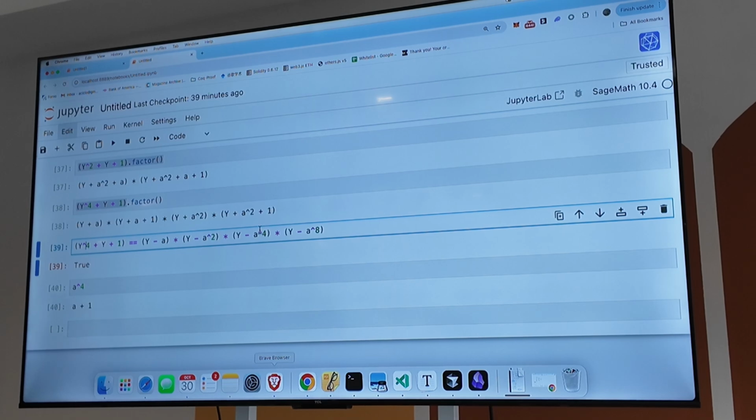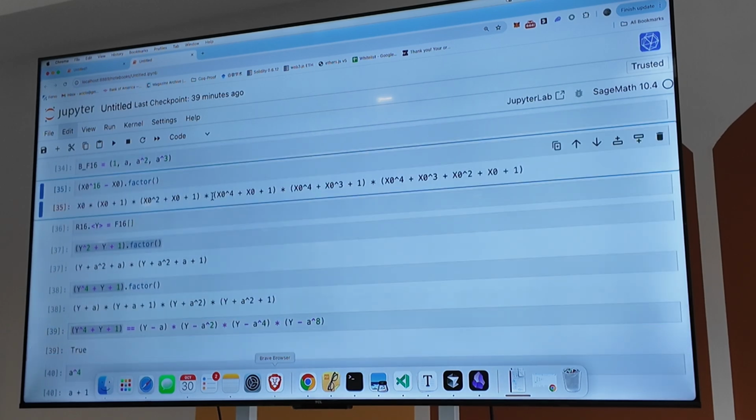But here we don't go too deep into Galois theory, just show you that for each irreducible polynomial over F2, it will have 4 roots, and these 4 roots have a close relationship with each other. They look like brothers, kind of. So we have this polynomial and this polynomial. These two polynomials are irreducible over F2, but can be factorized over F16.